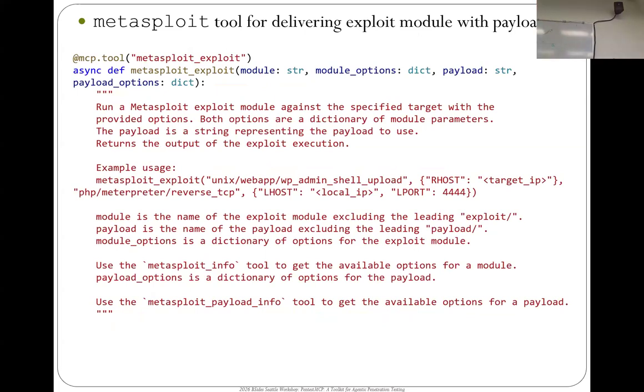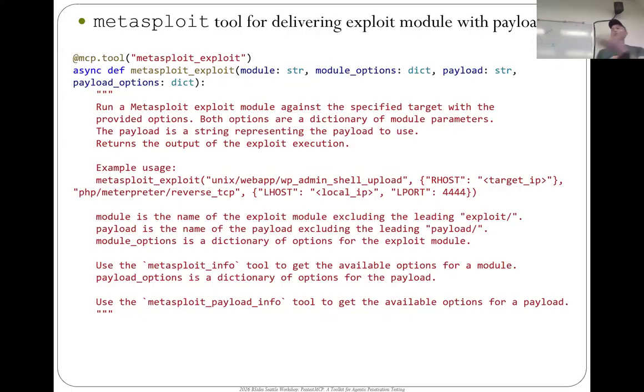Here's an example of calling the exploit. You've got the exploit module with some options, you've got the payload, and then some options on that. If you call this, you should get the shell if it's a command injection payload.